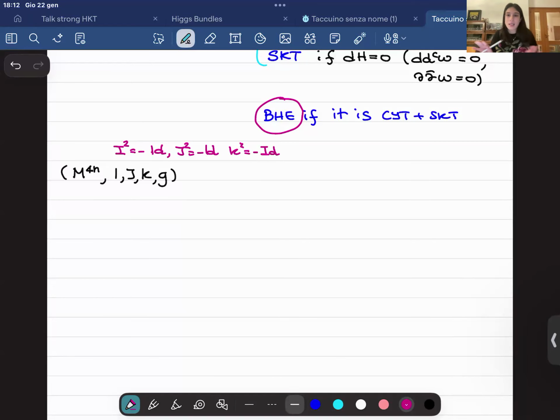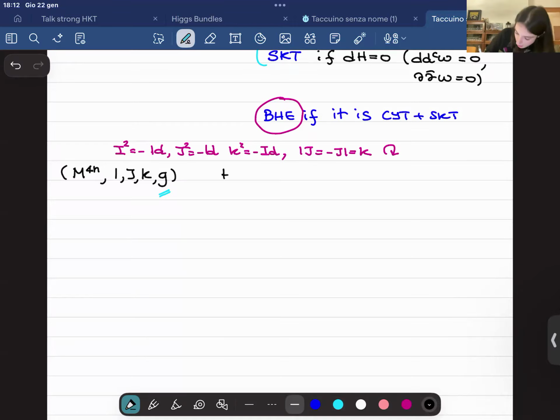This is just from the fact that they are complex structures. But furthermore, what I have is that IJ is equal to minus JI is equal to K, and the same holds for all the cyclic permutations of the three of them, okay? And then I have a metric g, which is compatible with I, J, and K.